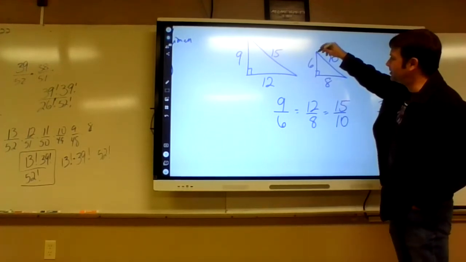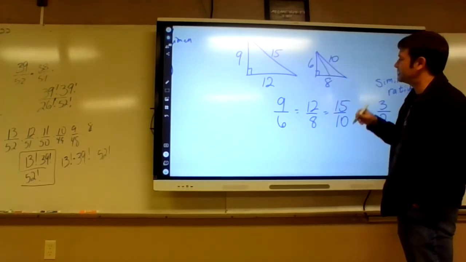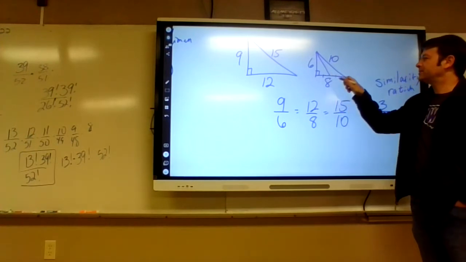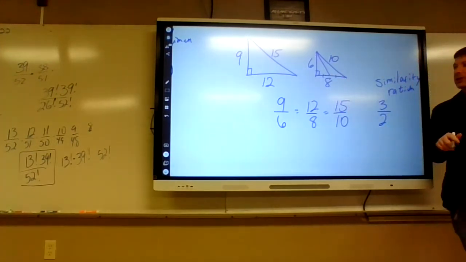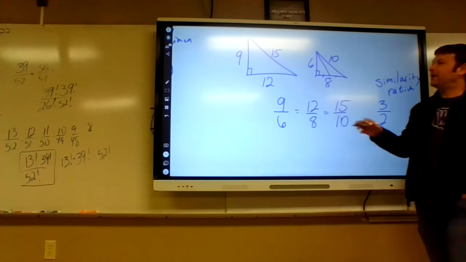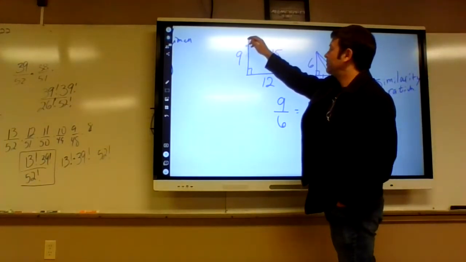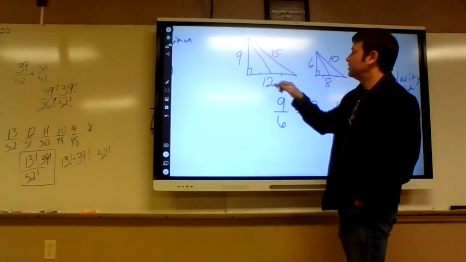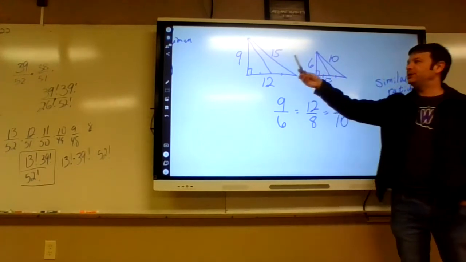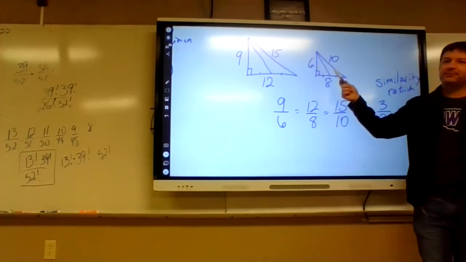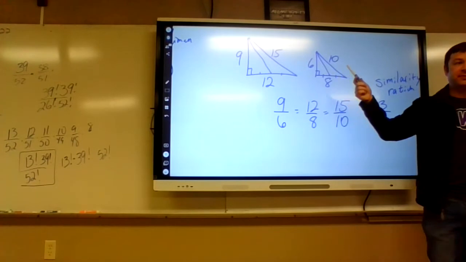What's a line called that goes from the vertex to the middle of the opposite side? Median. Somebody did remember. Okay, if I draw a median in for both of these two, guess what the ratio of the medians is? 3 to 2. It's the same.